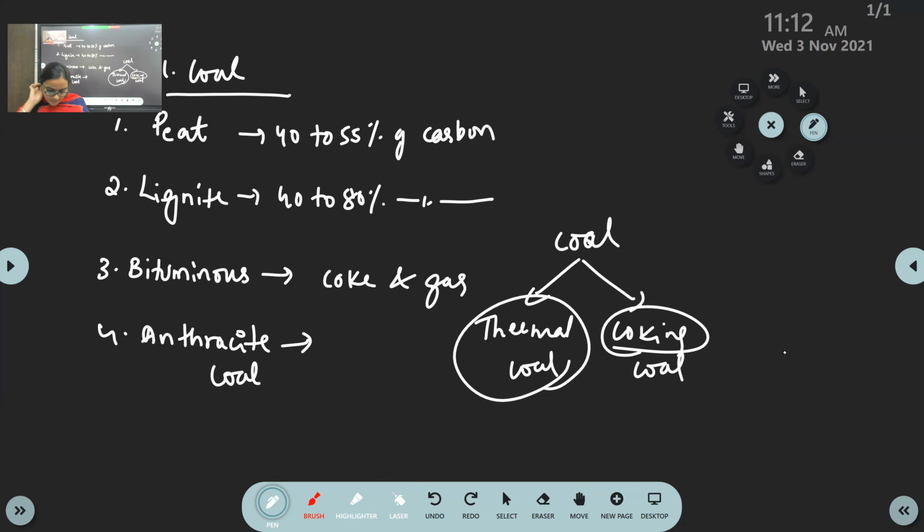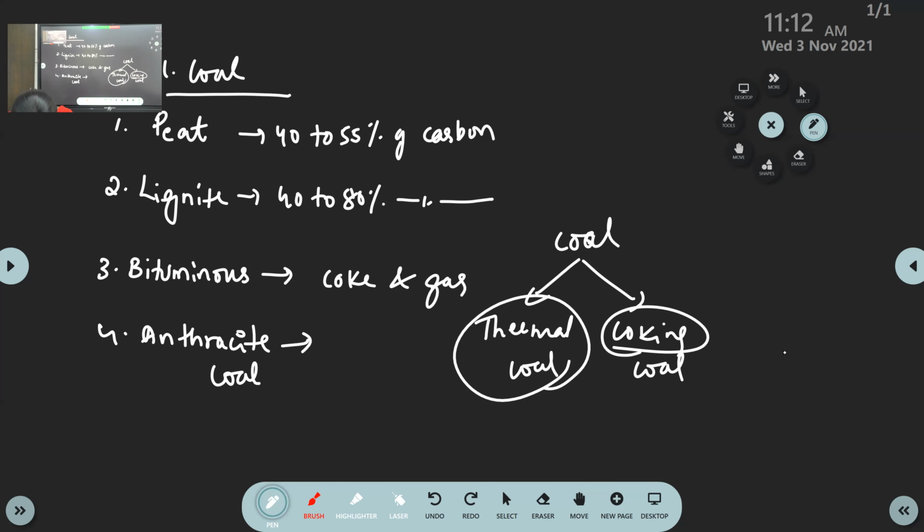Full stop. Jharkhand has the largest coal reserves. In brackets, note down Bokaro areas, you should know.